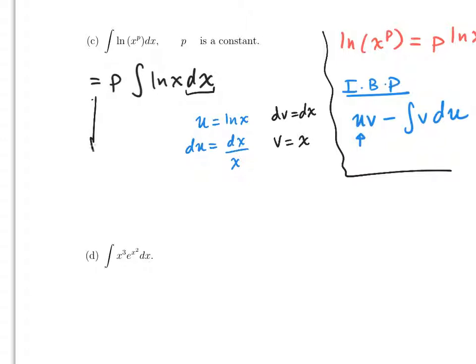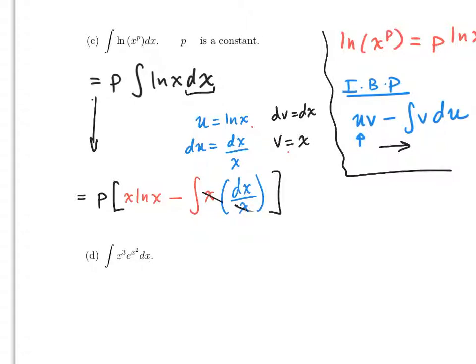So if we plug it into the formula, then you end up with p times. u times v will give you x ln x minus the integral of v, which is x, times du, which is dx over x.